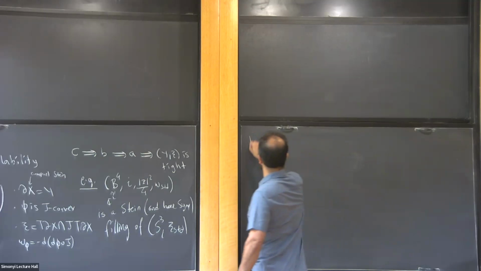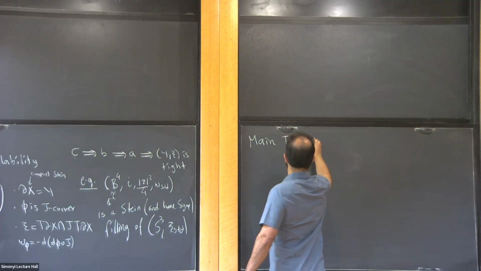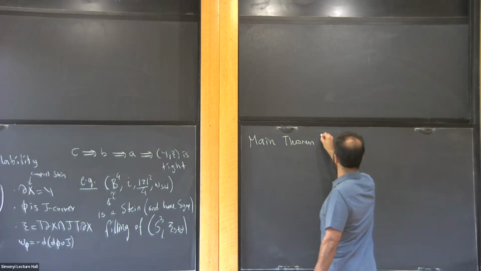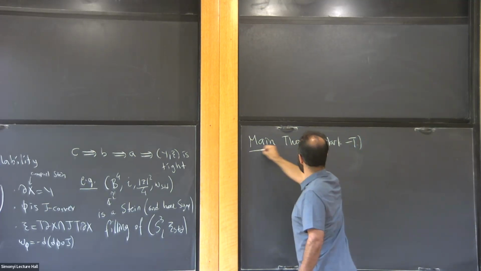But here is the main theorem. This is joint work, and everything here is joint work, with Tom Mark. This is from earlier this year, and here is what it says.